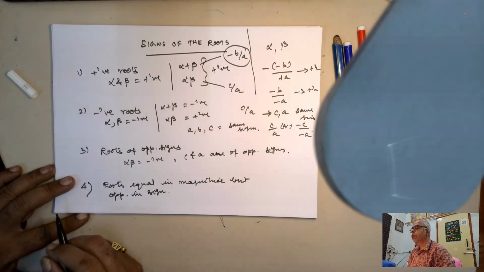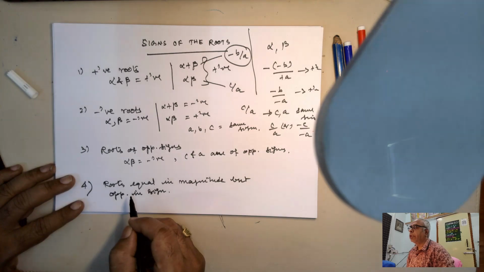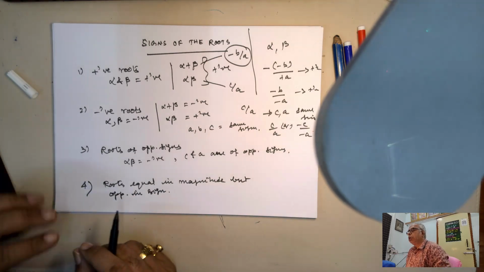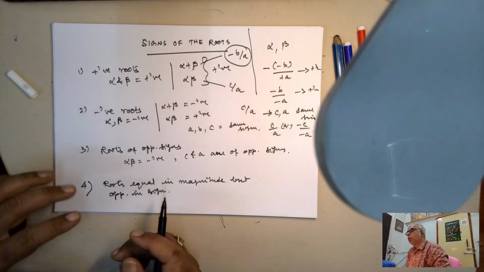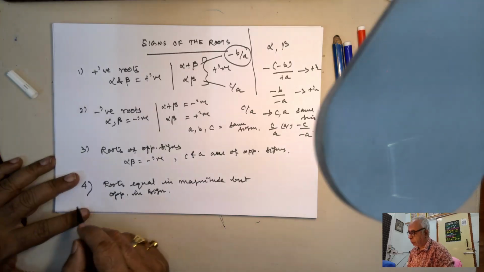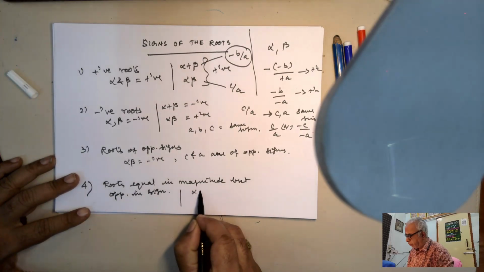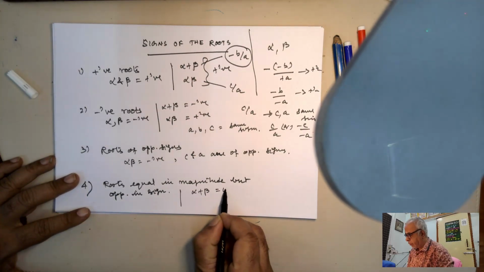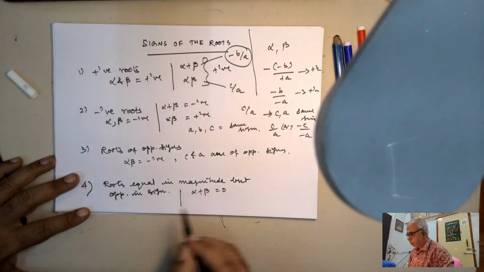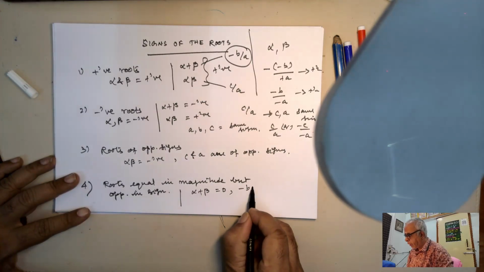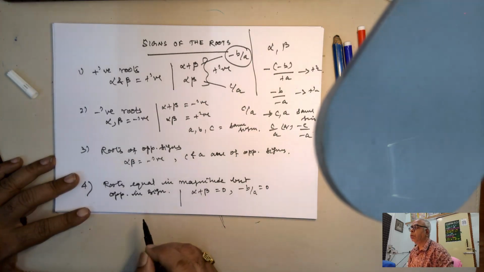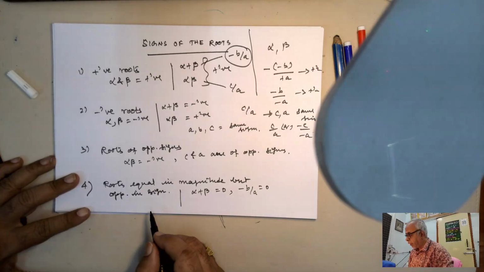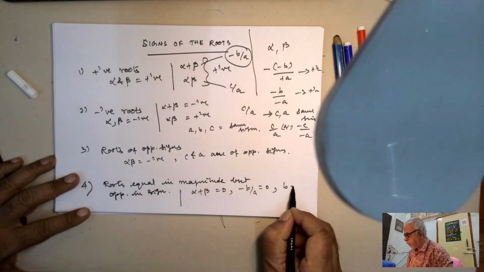Then the fourth one is roots equal in magnitude but opposite in sign. It means alpha plus beta is equal to 0. That is minus b by a is equal to 0. It means b is 0, right?